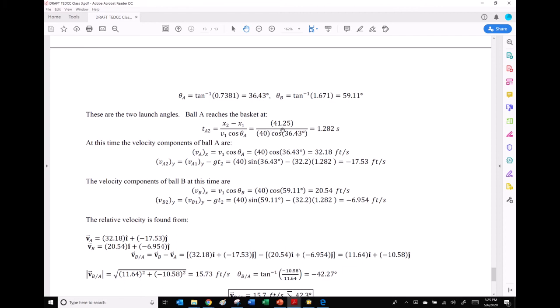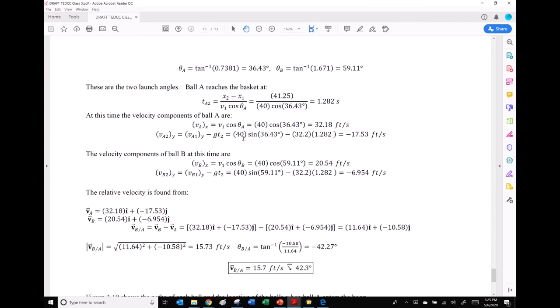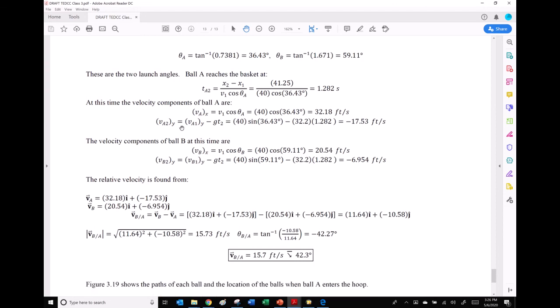So you could find what that time is going to be based on the x displacement, using the cosine right there. And then you could figure out what the velocity components are going to be at that time. For one thing, the x component is always the same, but now we need the vertical component at that time.